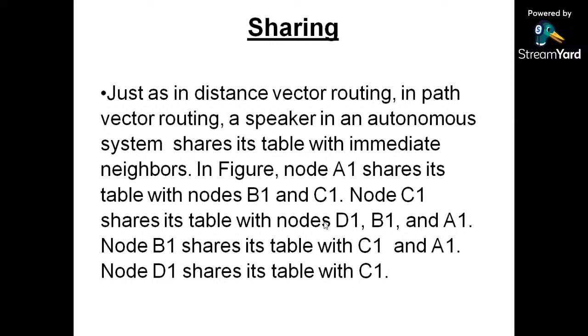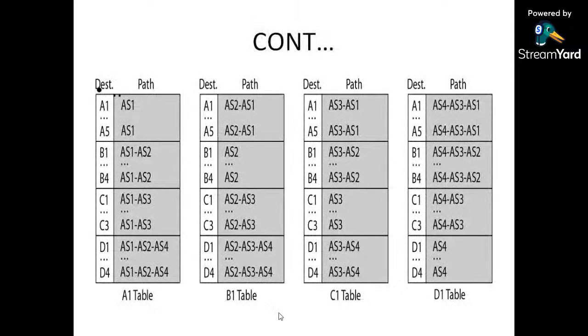Now this is a table which gives the path from A1 to A1 through AS1. The path to each AS is given for the A1 table, B1 table, C1 and D1.